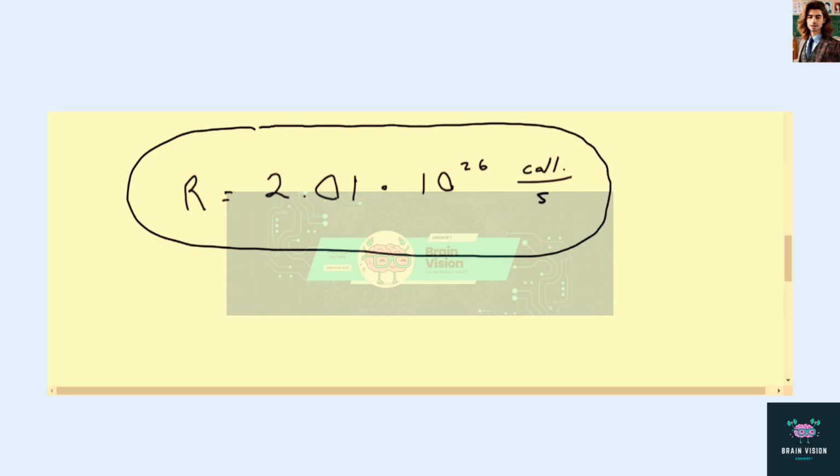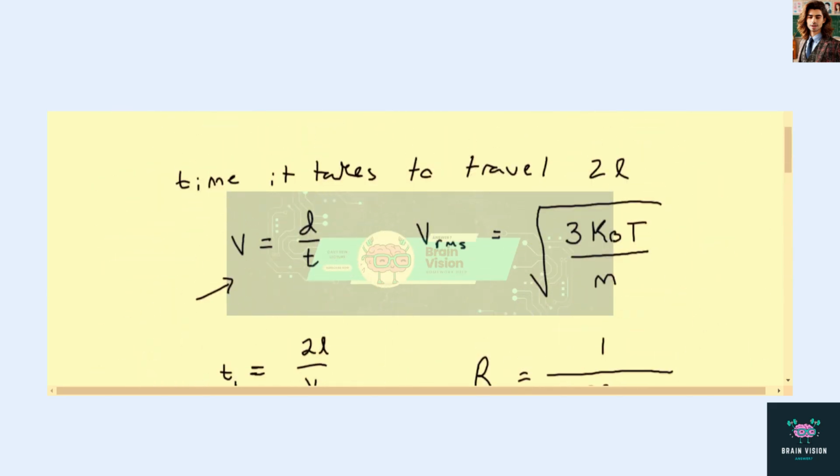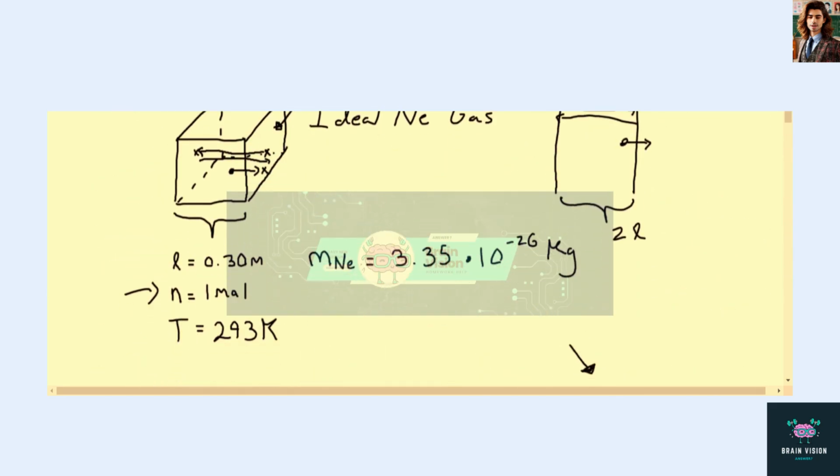We just determined the rate of collisions per second with a single wall of the container, given that we have 1 mole of ideal neon gas that is at 293 degrees Kelvin, where the volume that they're colliding in is a cube with side length 0.3 meters.